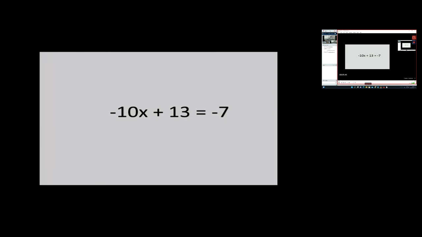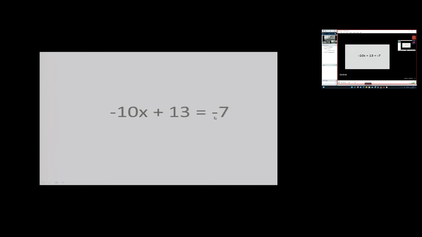Remember, it is minus when there is a number in front, but if the minus symbol is in front of the number, you read it as negative. Again, please read this. Negative 10x plus 13 is equal to negative 7.